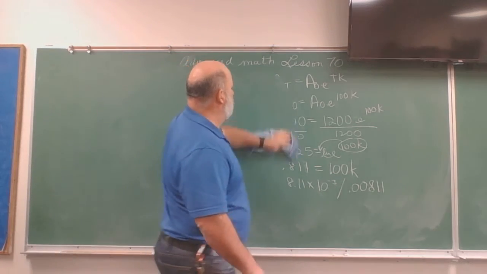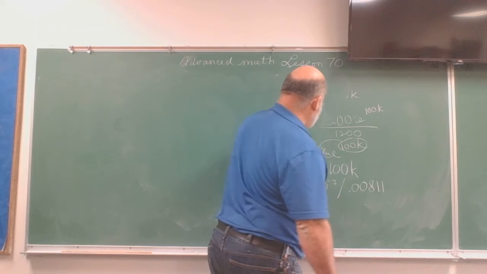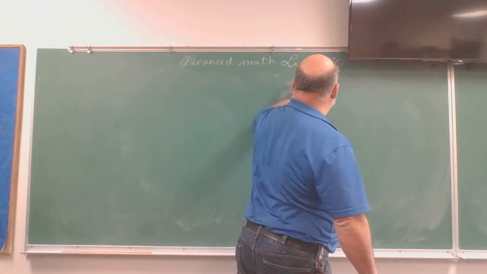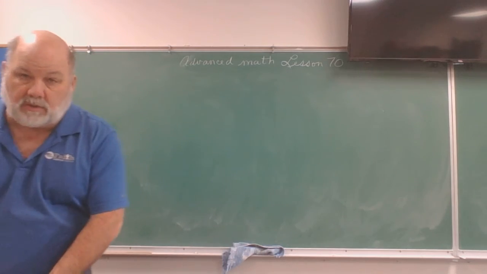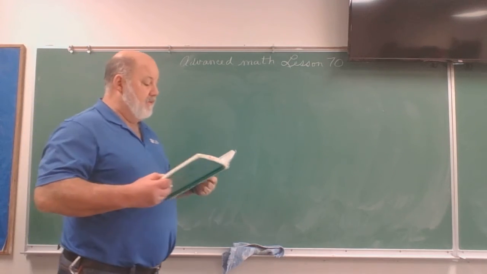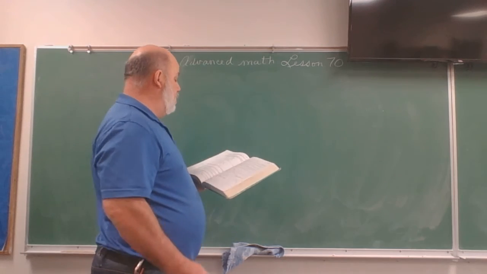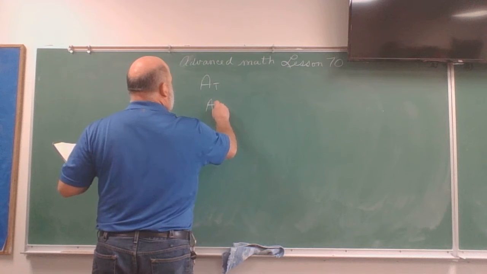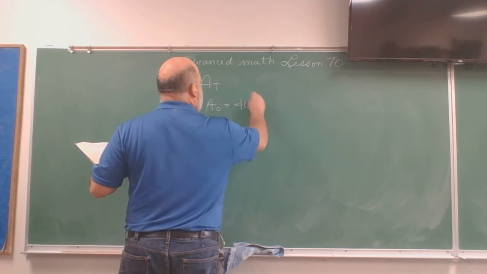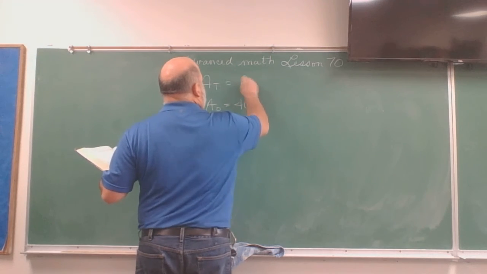Half-life. We're at the top of page 350. It says the amount of the substance initially present was 400 grams. So my A sub 0 is 400.